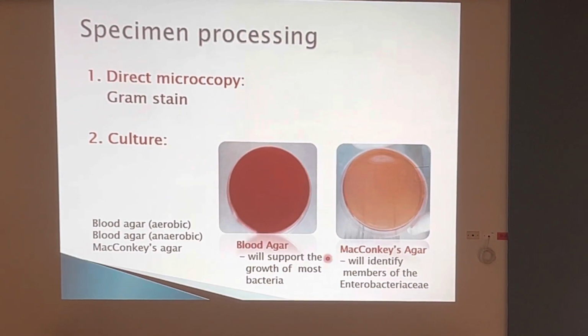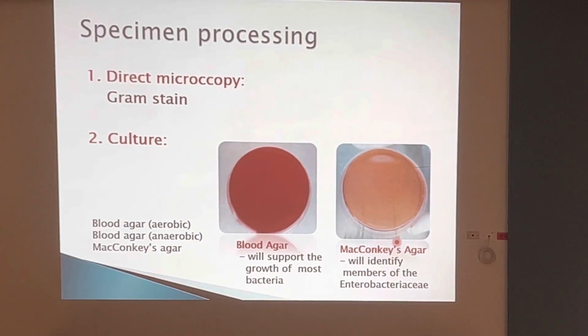Most pathogens will grow well on your blood agar, and for your MacConkey's agar, this helps to identify the different members of your Enterobacteriaceae. Remember I told you about the E. coli or Klebsiella? Simply we're going to divide them. Are they lactose fermenters or are they non-lactose fermenters? Lactose fermenters on MacConkey will turn pink.